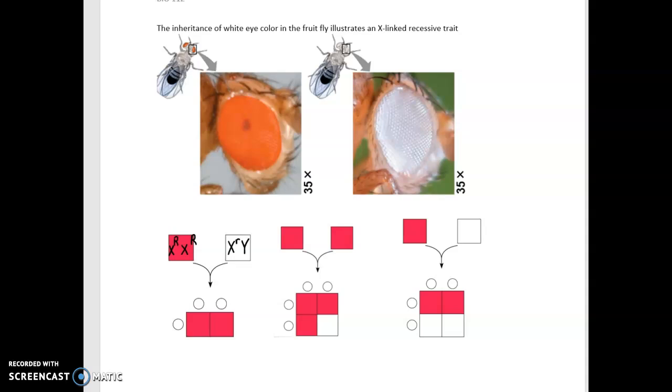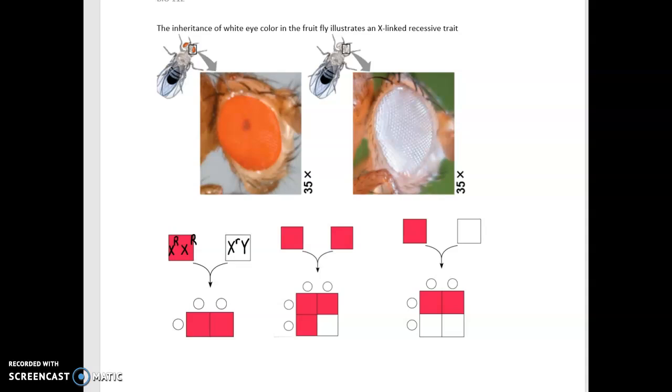In our first cross, we have a homozygous female, and she carries the dominant R for red eyes at both loci. The male that we're mating her with is a white-eyed male. That's why this box is white, and he carries the recessive gene on his X chromosome. His Y chromosome has no genes.